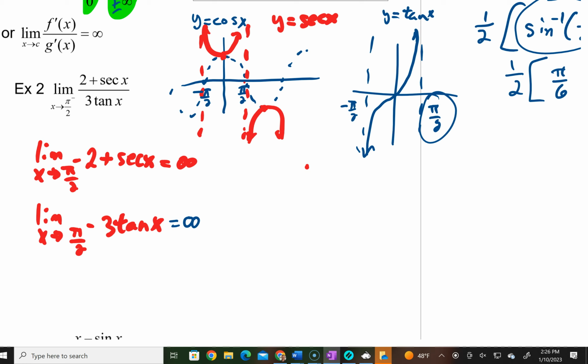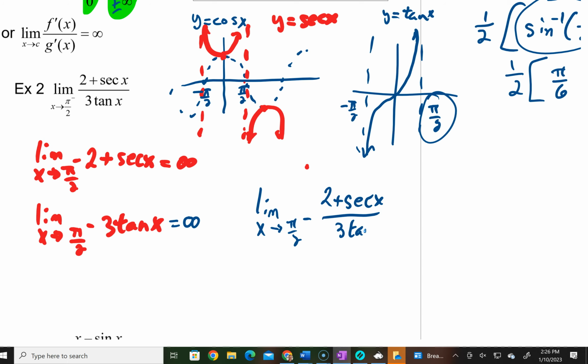Because the numerator is going to infinity, the denominator is going to infinity. Okay? That means you can do L'Hopital's rule. And let's go ahead and see what L'Hopital's rule is going to look like. So, real quick, if I just had 2 plus secant of x, down here we've got 3 tangent of x.